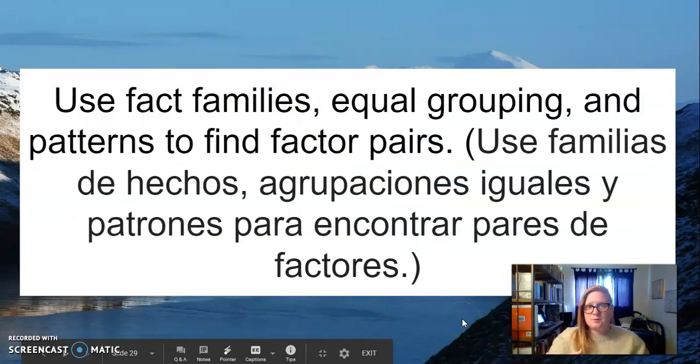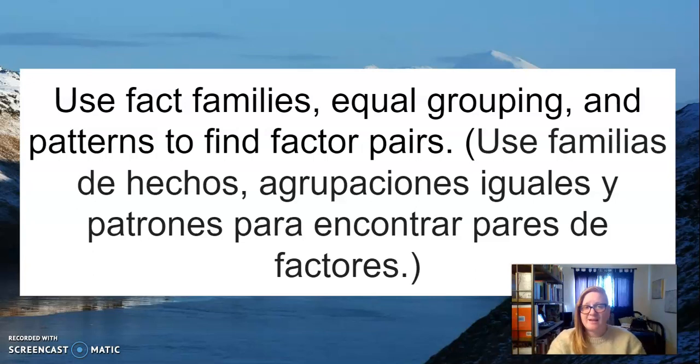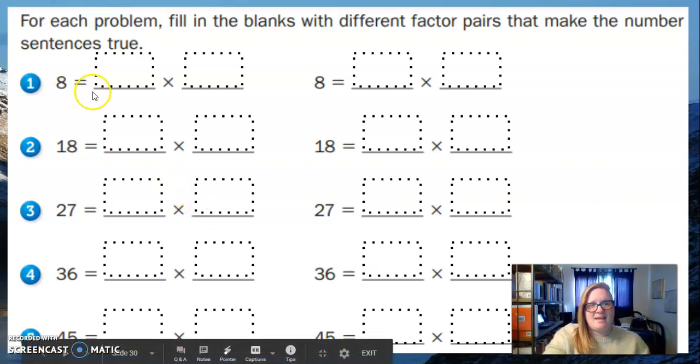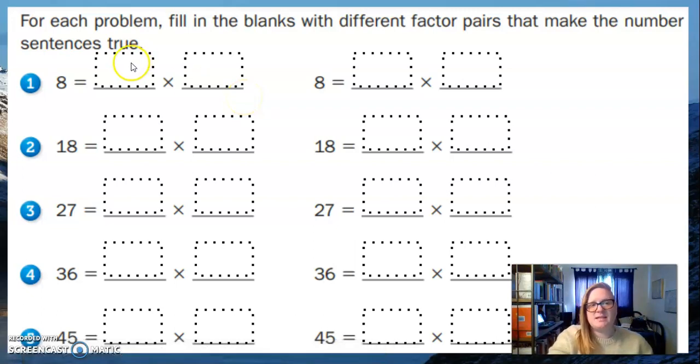For the next few problems, you can use fact families, you could use equal grouping, or you can use patterns to help you find factor pairs. For each problem, fill in the blanks with different factor pairs that make the number sentences true. For instance, you have A equals blank times blank. Let's say you're using 8 times 1.